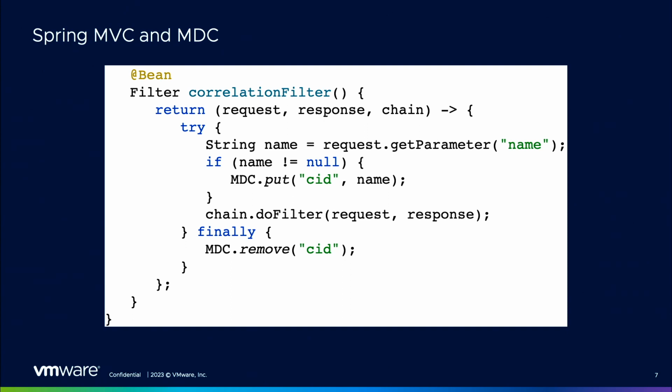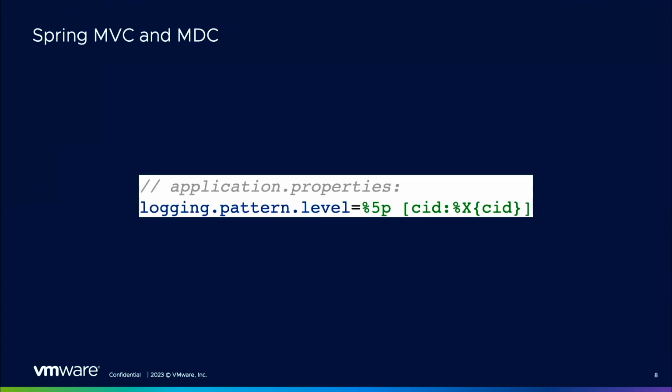And then what happens is the chain.doFilter is going to execute the controller. And whatever we have in the controller can call log.info, debug, and so on. And we should see that correlation identifier associated with that log statement, as long as we have the logging pattern aware of that.